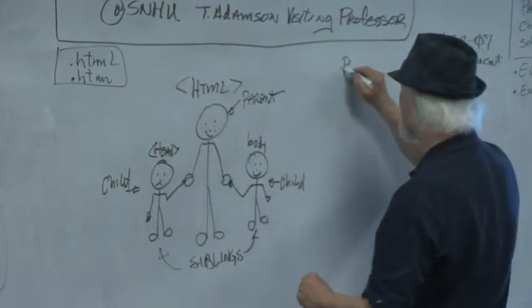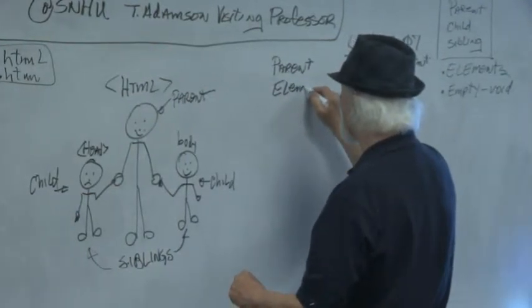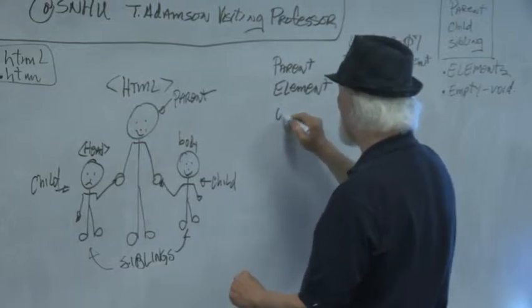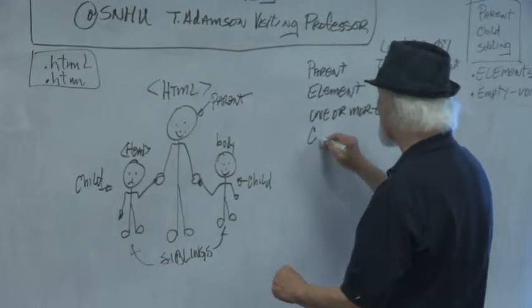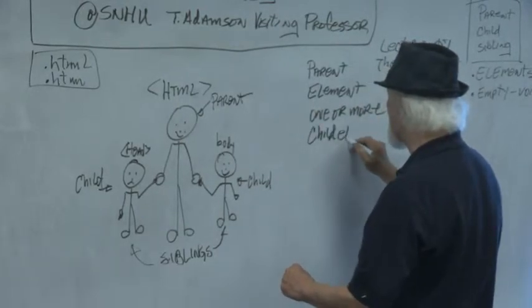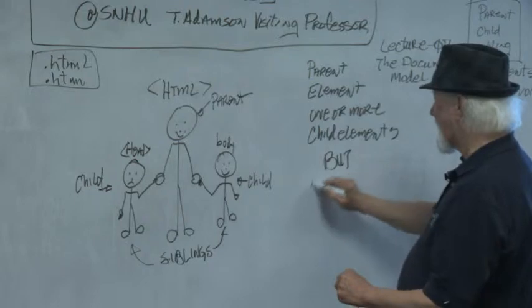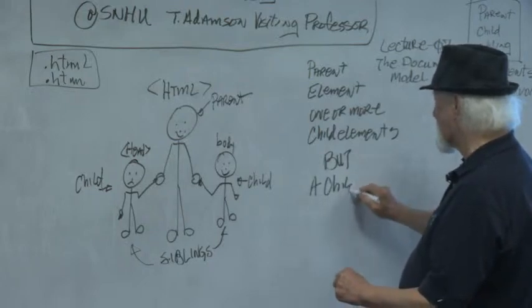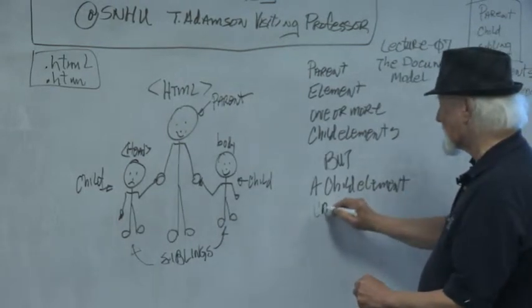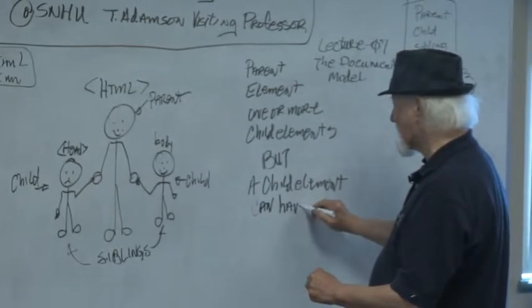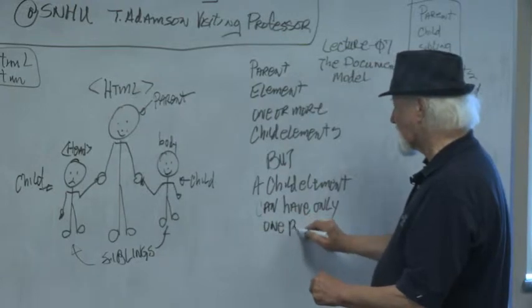So a parent element can have one or more child elements, but a child element can have only one parent.